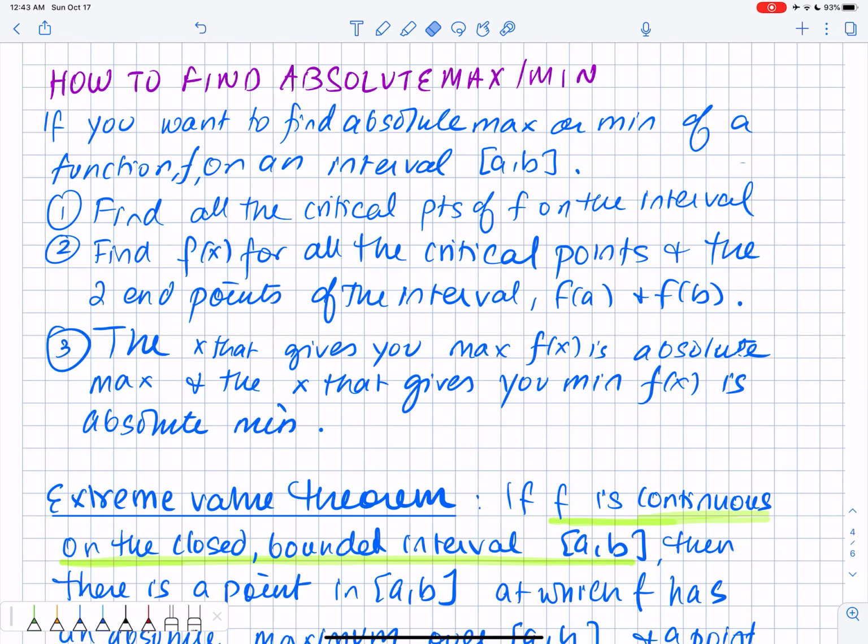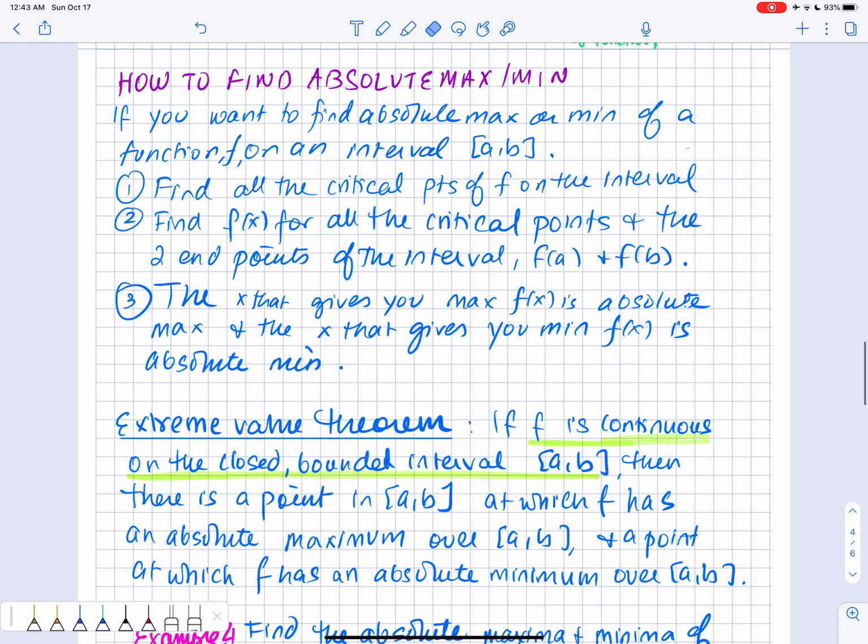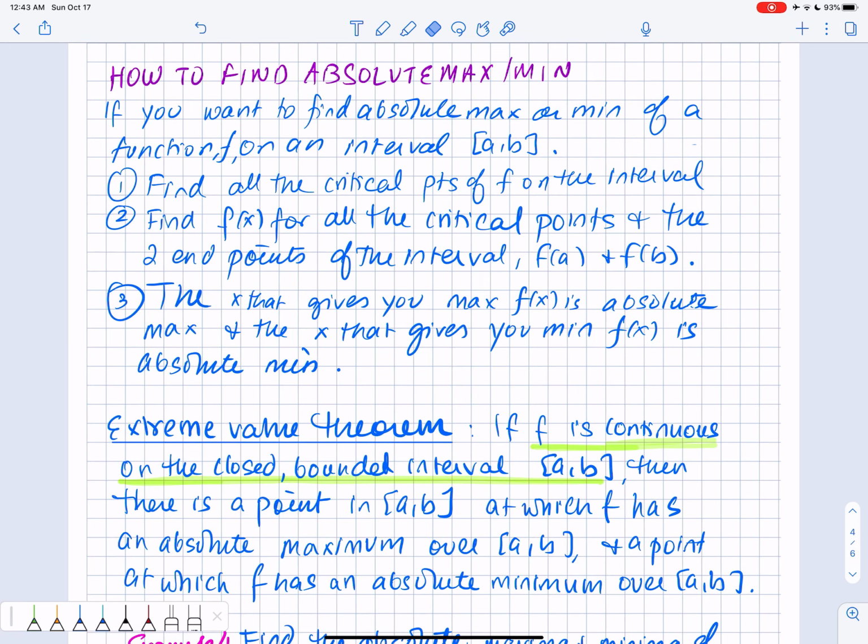So a few more things now. We look at absolute maxes and mins. Suppose you have a function, maybe on an interval, or on the whole real line, or half of an infinite interval, or whatever. Suppose I want you to find the absolute maxes and mins of a function on a closed interval. Okay, what do you have to do? How do you do that?